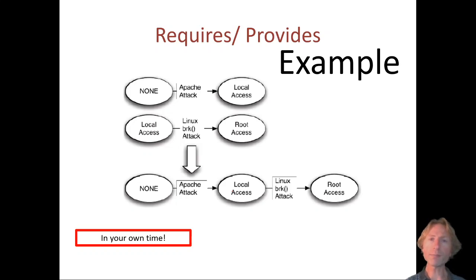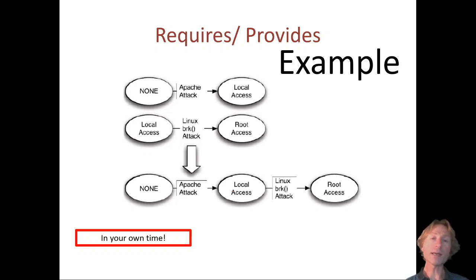So here's an example. Let's say we know a vulnerability in Apache that will give local access to the attacker. Okay, so the requirements are very minimal. You just need to be able to send some network packets, some HTTP requests to the Apache server, and as a result, you get local access on that machine.